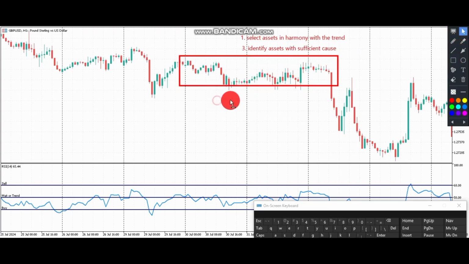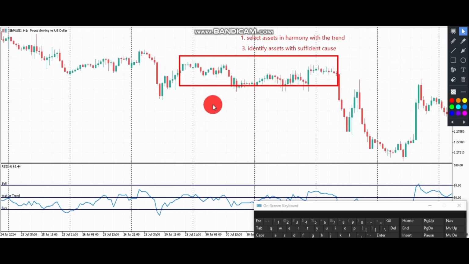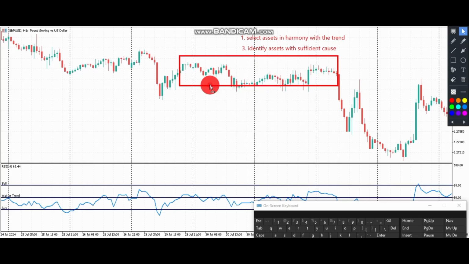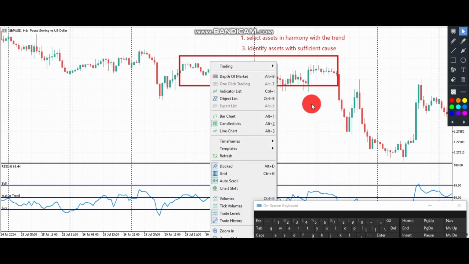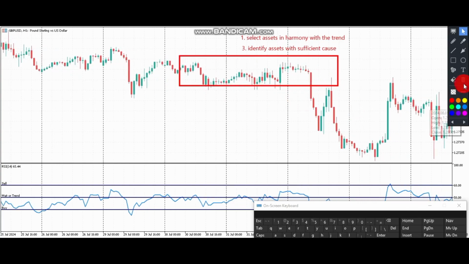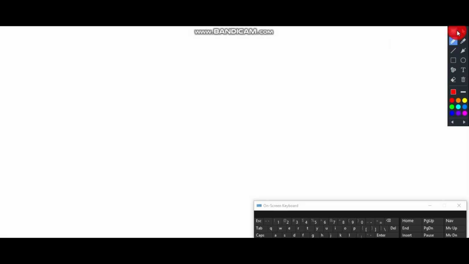Expect price to move. That is what we're talking about. So let's move on.